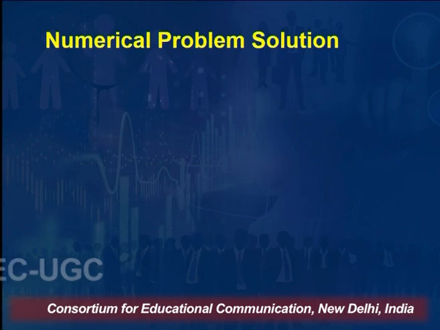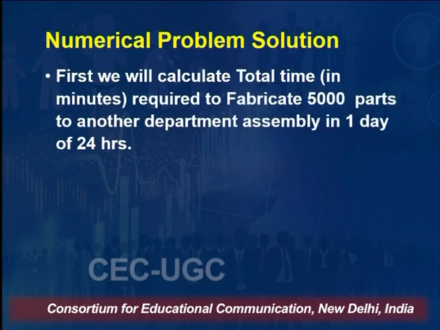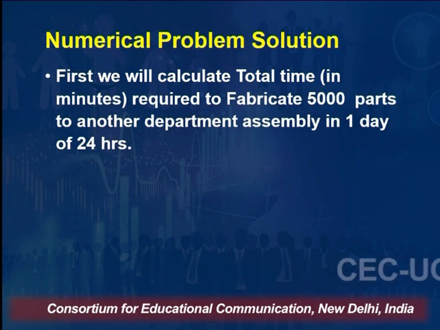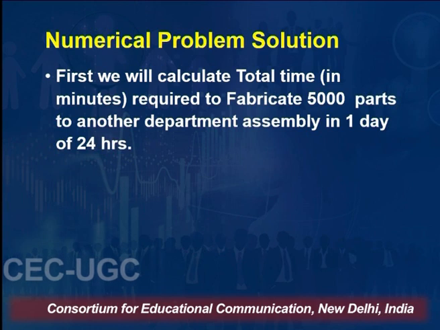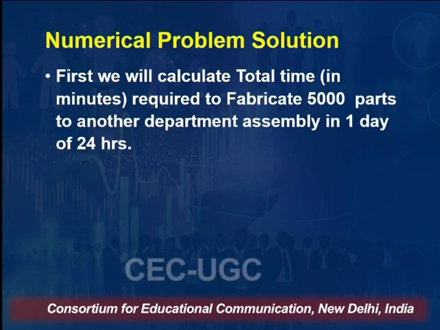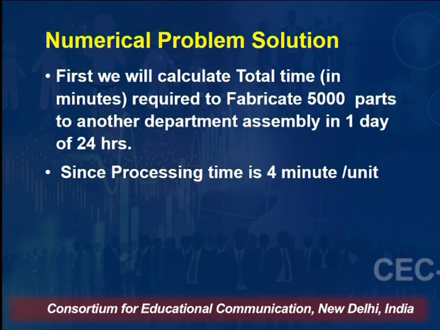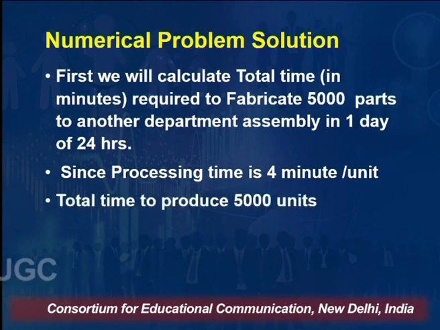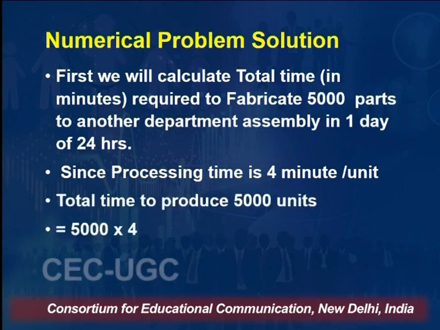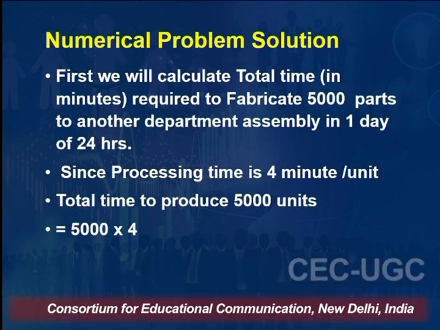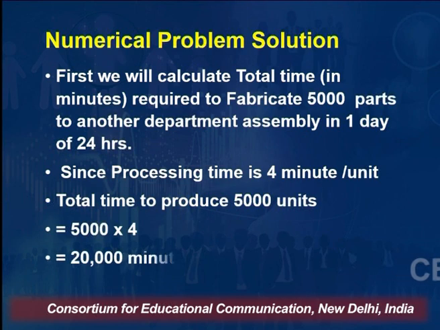Let us see. First we will calculate the total time in minutes required to fabricate 5,000 parts in 1 day of 24 hours. Since processing time is 4 minutes per unit, which is given in our question, and one unit takes 4 minutes, 5,000 units will take 5,000 times 4, which is 20,000 minutes.